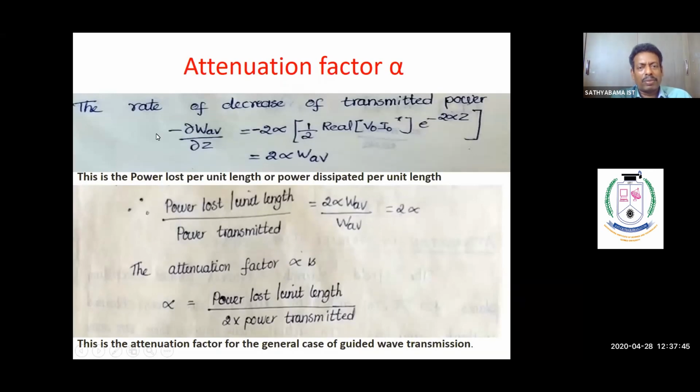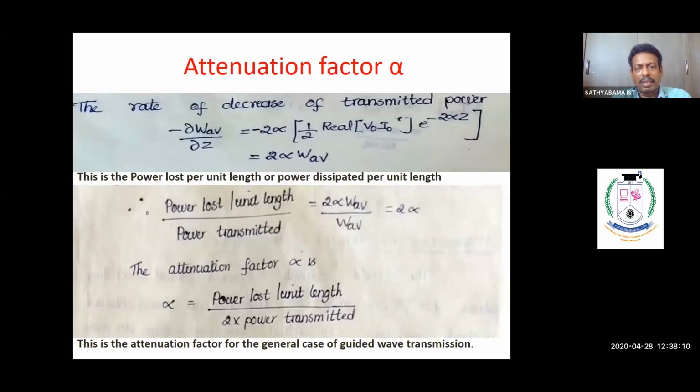So now we have to find out the attenuation. What's the rate of decrease of the transmitted power? So the attenuation is the variation in the sending power with respect to Z. So the partial differentiation of the average power that is being transmitted down the waveguide with respect to Z. So how the power decreases along the direction of propagation, that's the attenuation.